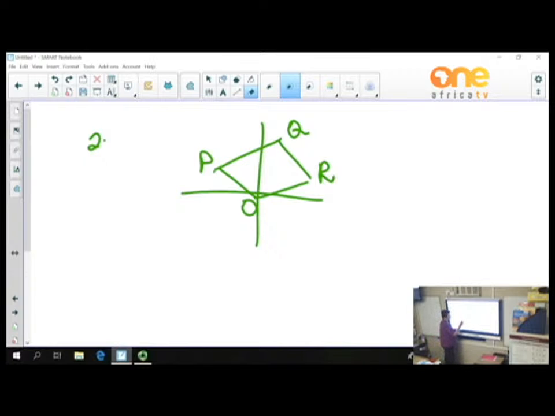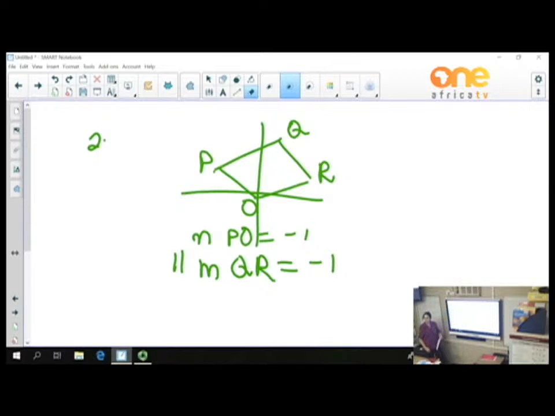So we can say that m of PO is equal to -1. It means that the gradient of QR is then also going to be -1, because this time they are parallel. So y is equal to -x plus c. And which coordinates do you substitute in?